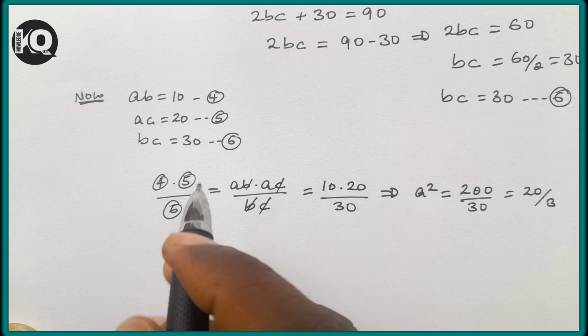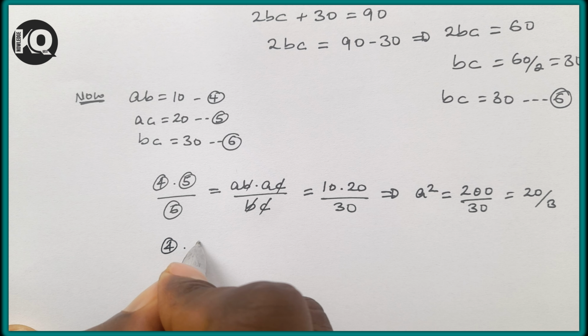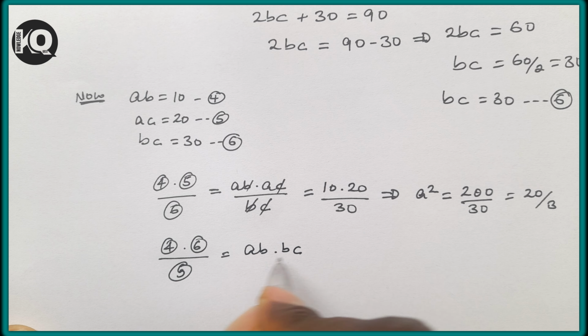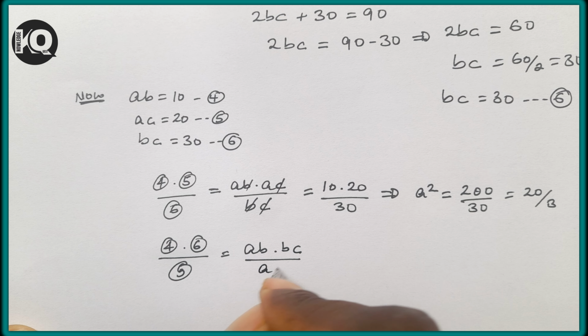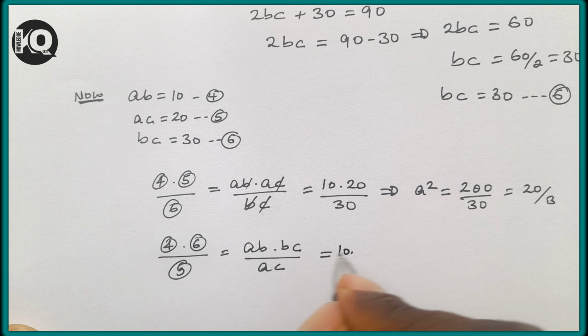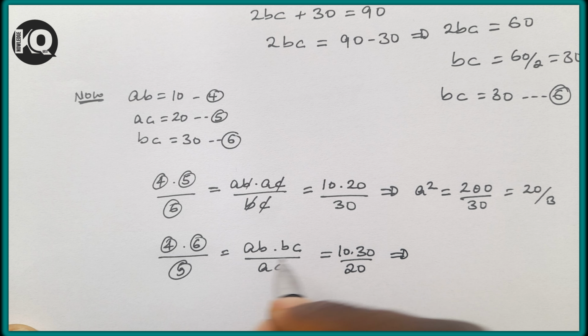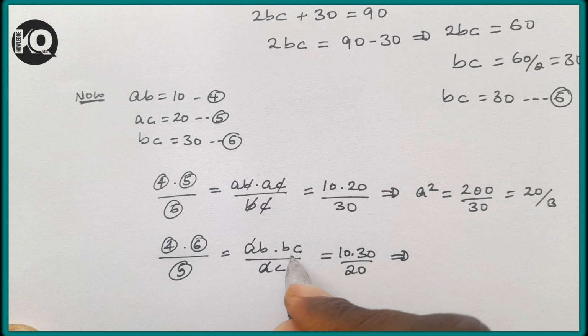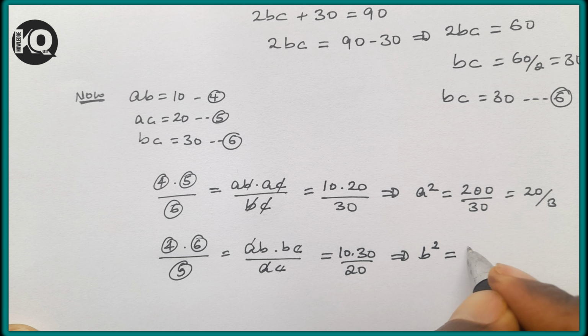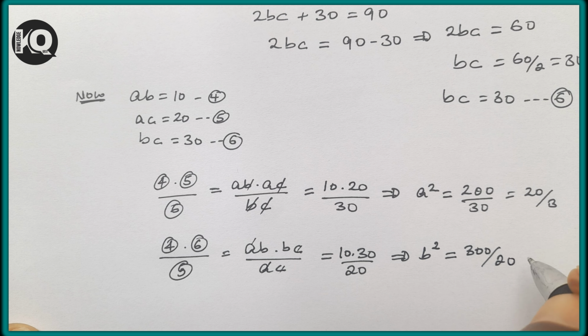In the next step, let's multiply equation 4 with equation 6 and divide by equation 5. That is ab times bc divided by ac, which is 10 times 30 divided by 20. Here a is cancelled and c is cancelled, so the remaining will be b times b, which is b square, equal to 300 divided by 20, which is 15.